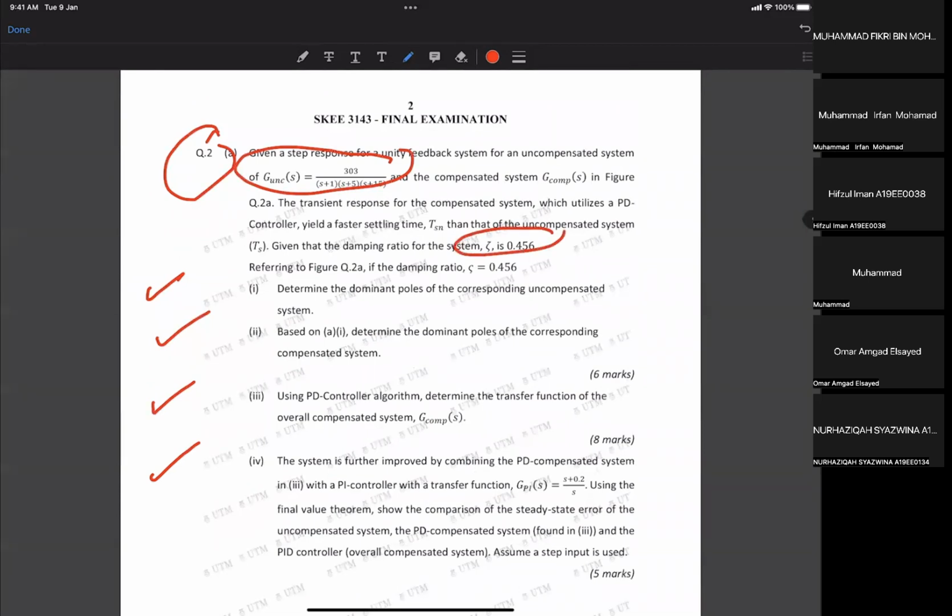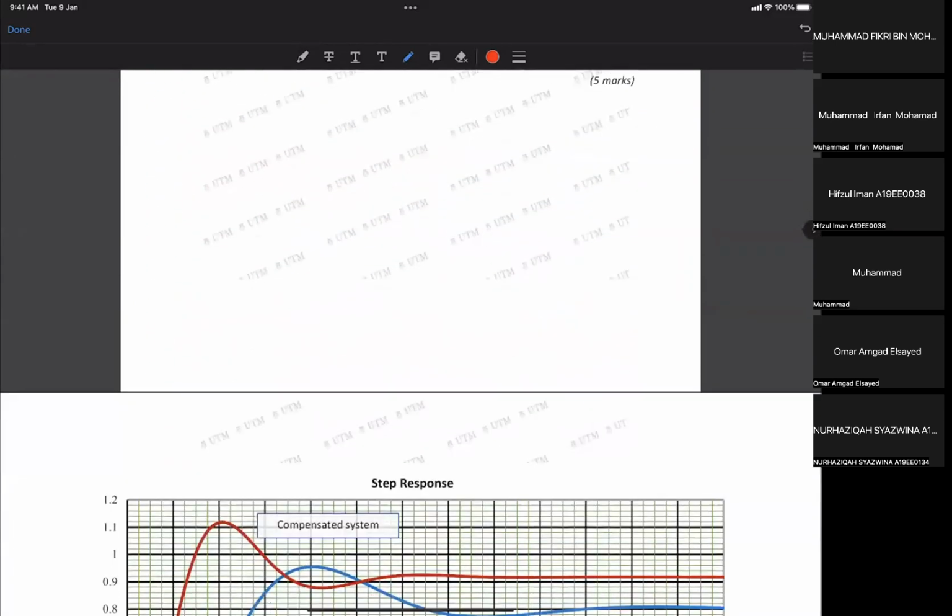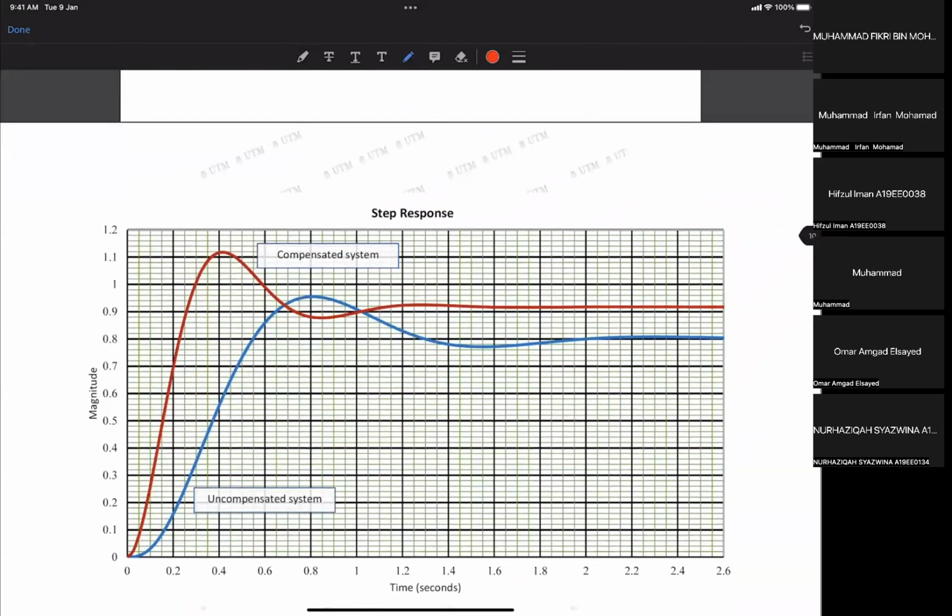Zeta 0.456. Theta is not needed. You have to read from the graph, the uncompensated system. Roughly here is the settling time. That is the settling time for the uncompensated system. Okay, 1.8.